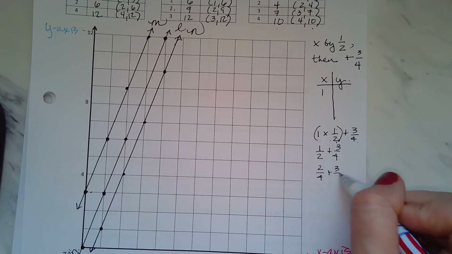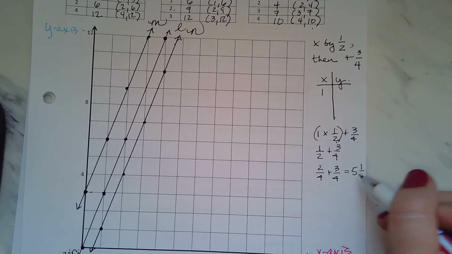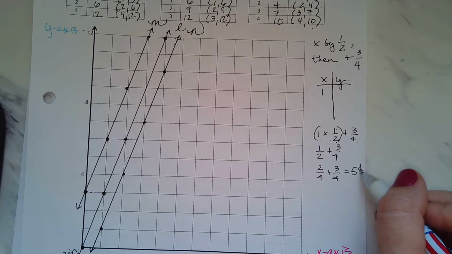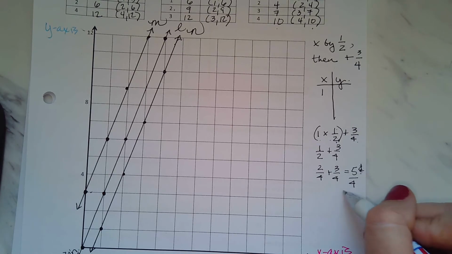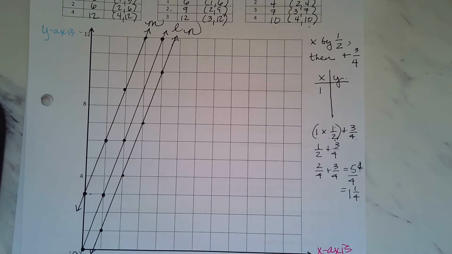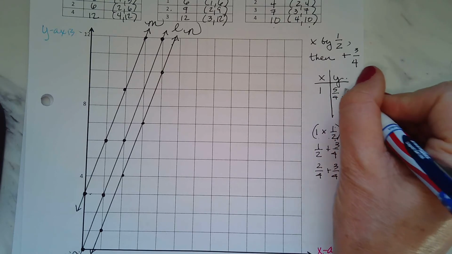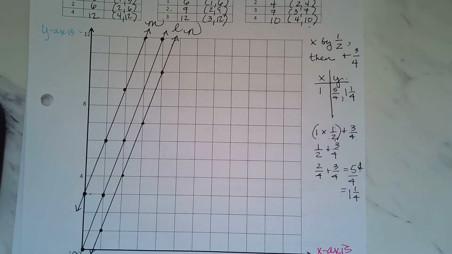Plus 3/4, which would give you 5/4, which would reduce to 1 1/4, correct? Yes. So, show me the coordinate pair for this rule when x is 1. So it would be 1, either 5/4 or 1 1/4.